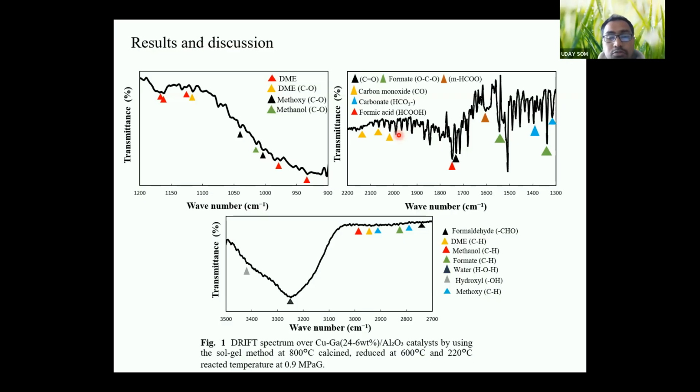The wave numbers from 2700 to 3500 represent the smaller intensity peaks of formaldehyde and hydroxide. Formaldehyde shows peaks at 2750 and 3429.